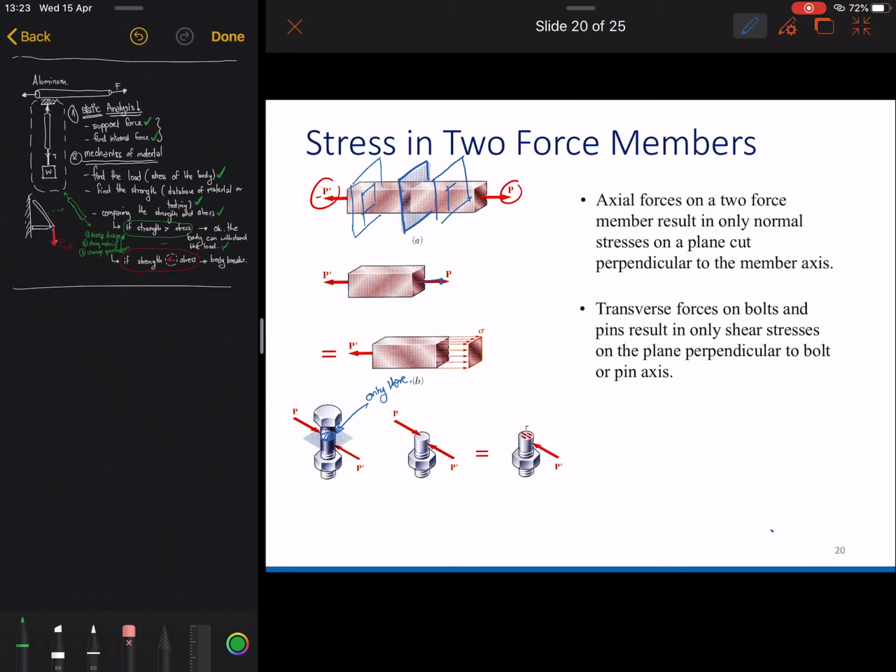Compared to this one, where we have stress in every millimeter of this bar, the shear stress is only at one location. If you move the plane up a little bit, then you will not get shear stress.